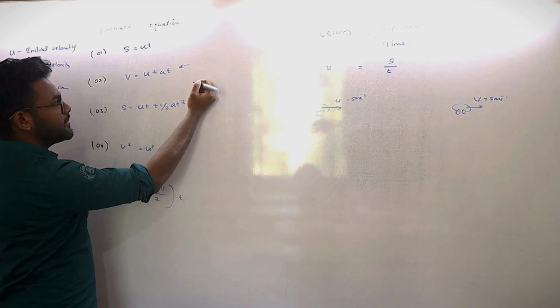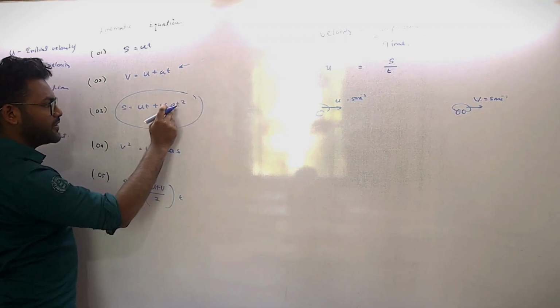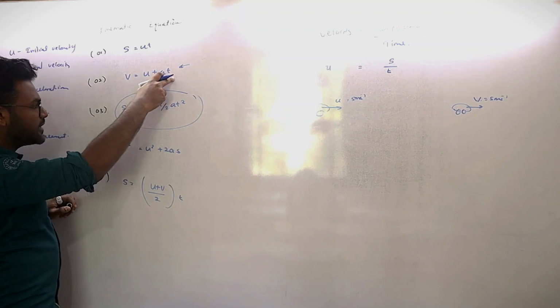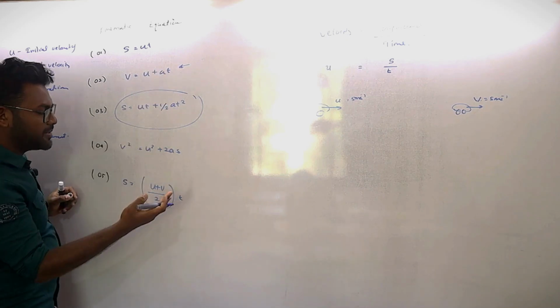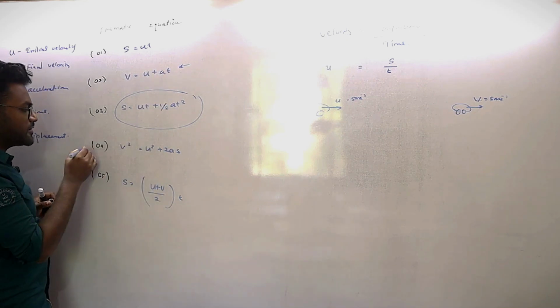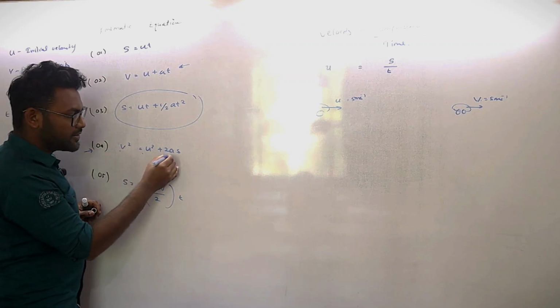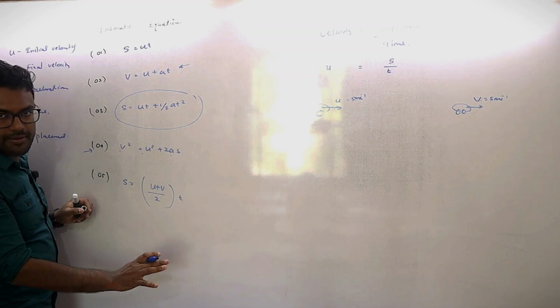In that case, it's better not to use the equation involving the time that we have found. Instead, stick with the data. For example, you can use the fourth one here. V is known, U is known, A is given. So S you can find without having the time.